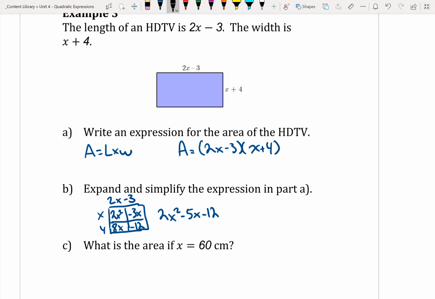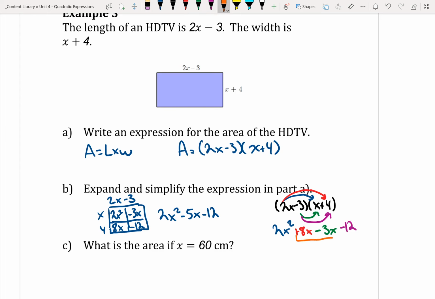And if I were to do the FOIL method, 2x minus 3 times x plus 4, our first numbers multiply, our outside numbers, our inside numbers, and our last numbers, we get 2x squared plus 8x minus 3x and minus 12.